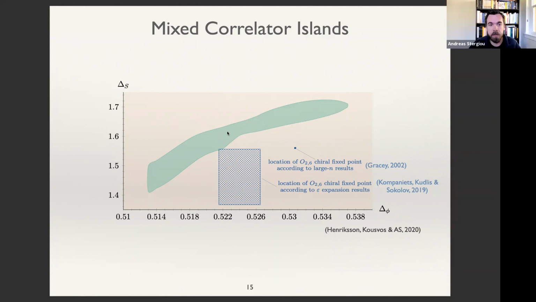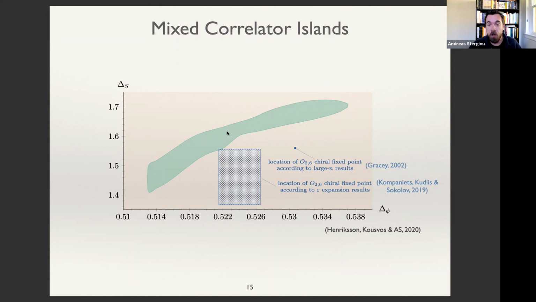What do you mean a feature or a bug? I mean, do you expect the fixed point to exist or not? There is a tension. It seems like an understatement. So we expect the fixed point to exist at n equals 6, and we expect the fixed point to disappear somewhere between 5 and 6 if you believe the results of the epsilon expansion and similar results from the functional RG community.